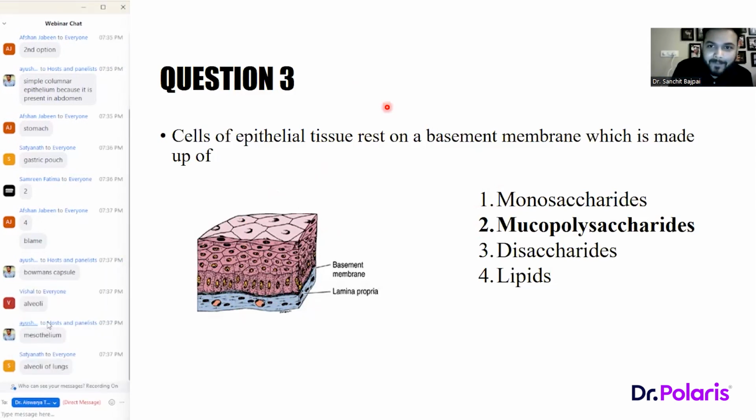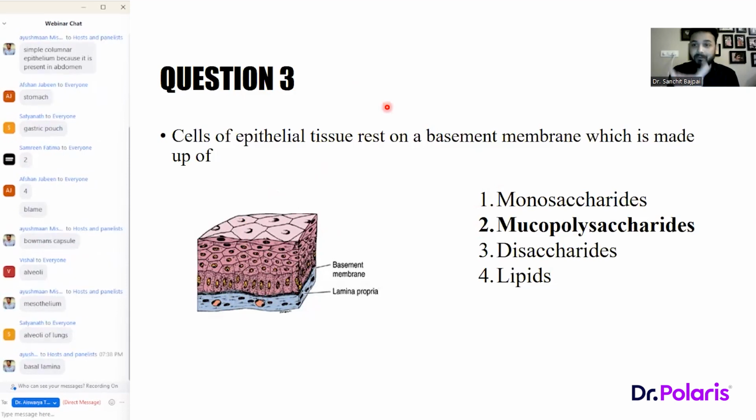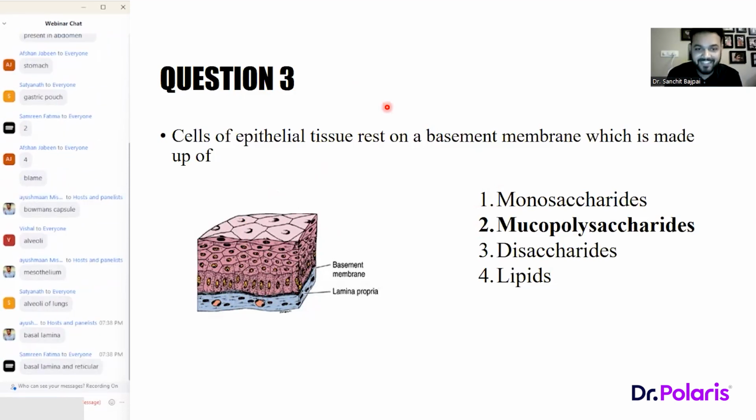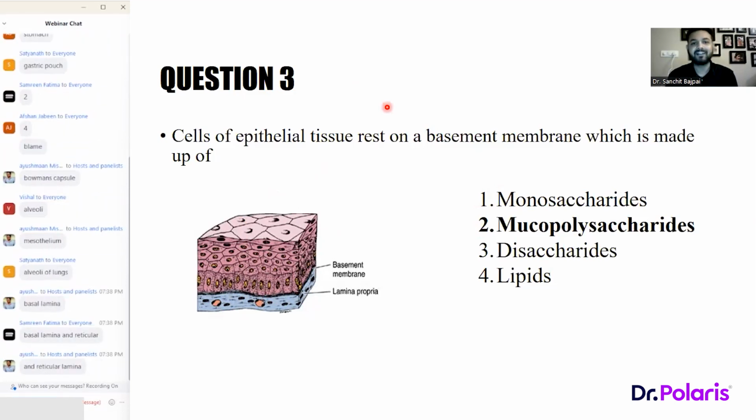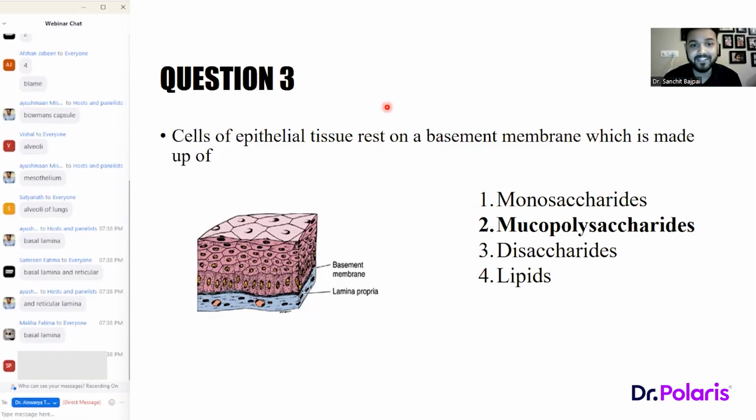Can anyone tell that? I told in the beginning that basement membrane is present. What are the two parts? Yes, absolutely, Ayushman. Correct. So Samreen has completed it. Basal lamina and reticular lamina. Great, great guys. You have got the right answer. Even Fatima has told the right answer. It is basal lamina and reticular lamina. Correct. So we have the right answers. Let's go on to the next one.